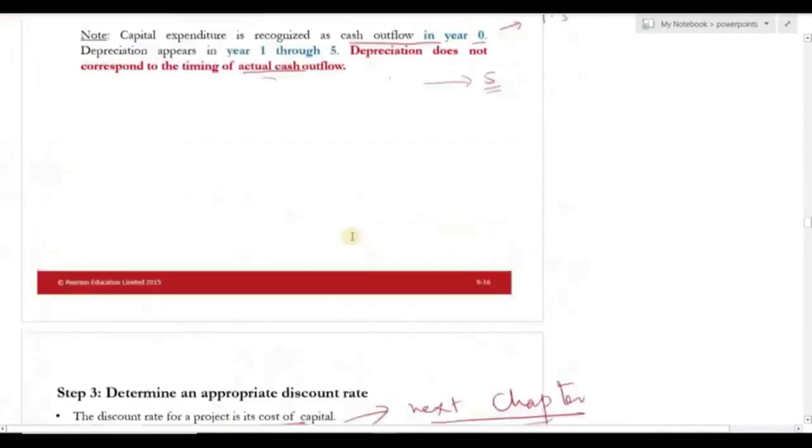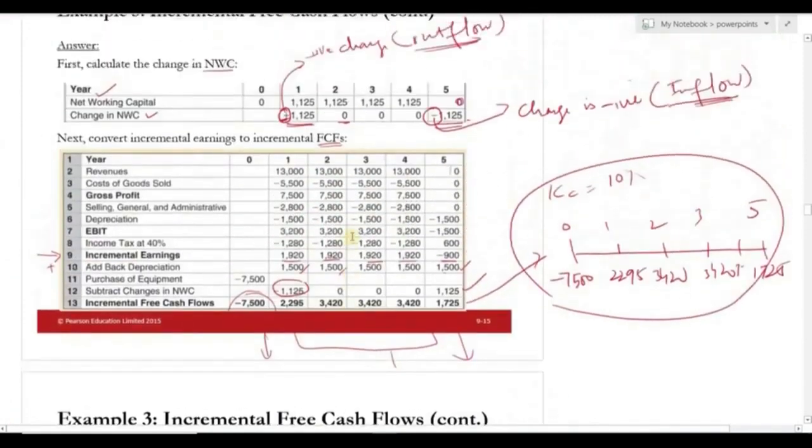How do we adjust? Okay, there are no revenues and only depreciation, so we have -1500, right? After that, 40% tax.